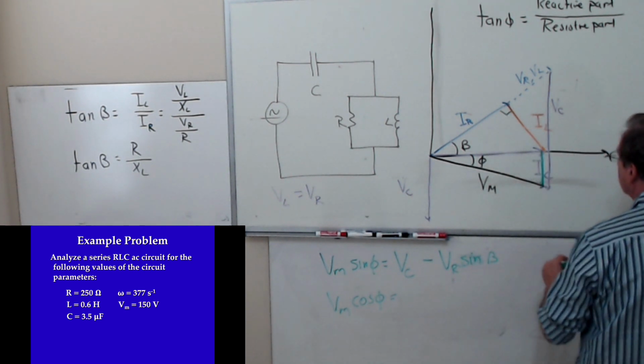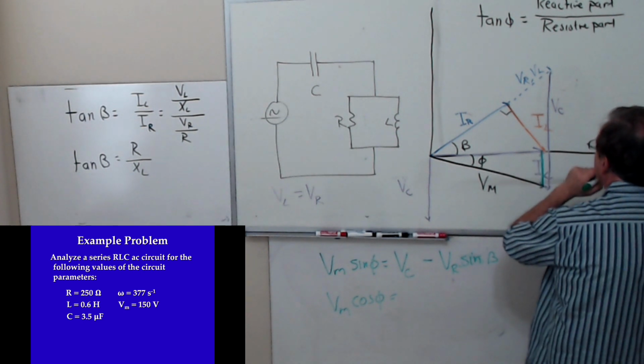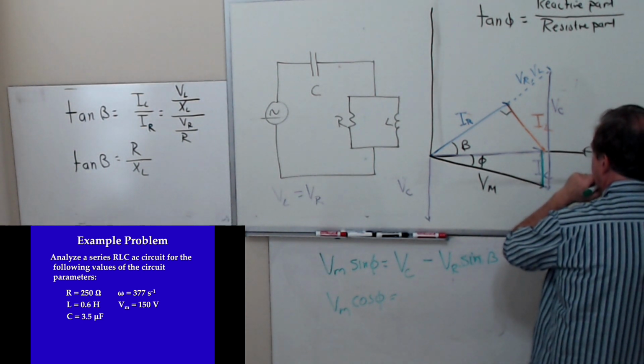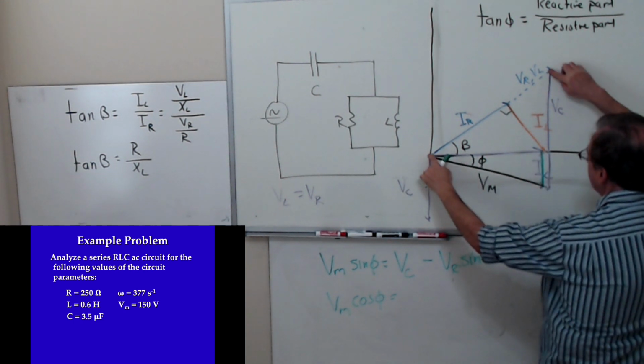And v sub m cosine of phi is going to be the same thing as the x component of this.